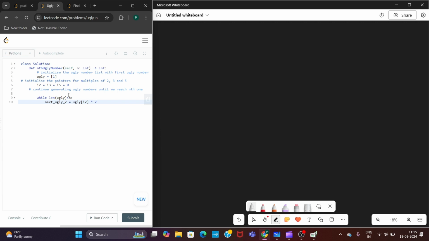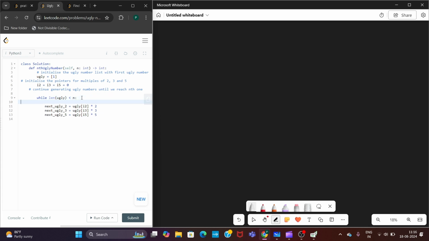Let me give some spaces over here. Now my next number will be next ugly 3, which is ugly of I3 multiplied by 3. And my third number will be next ugly 5, which is ugly of I5 multiplied by 5.